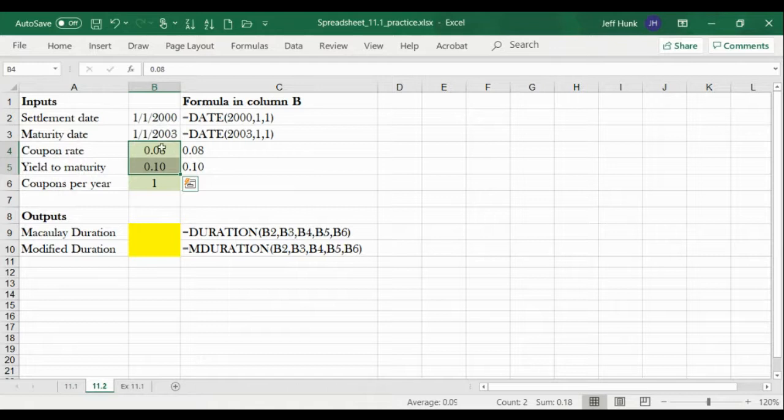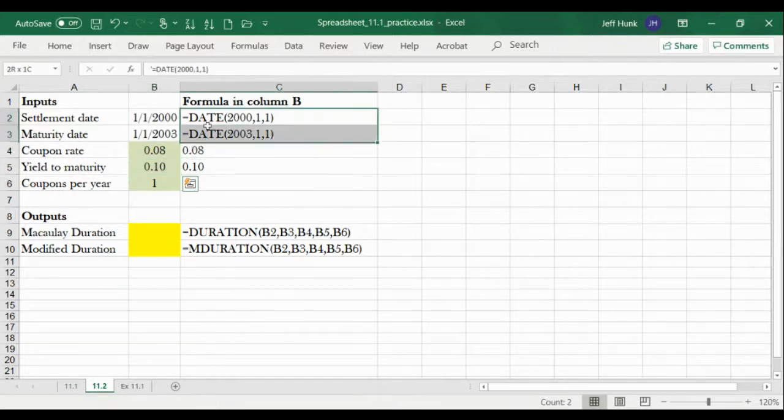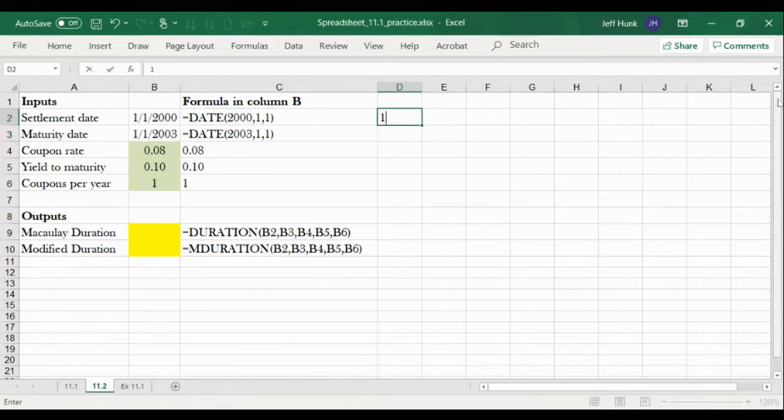You don't have to enter it like this. I mean, you can enter it like January 1st, 2000, and it goes in exactly.